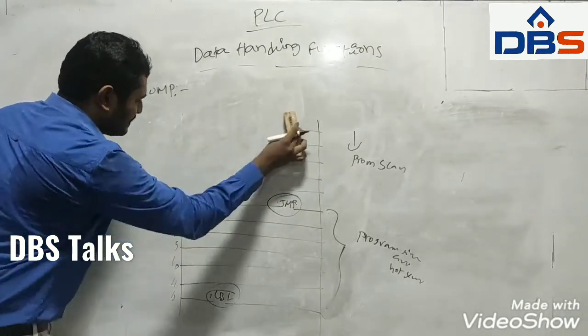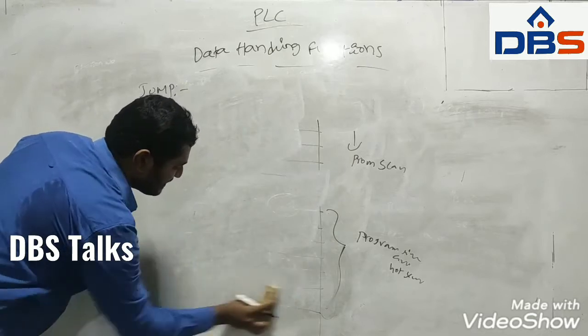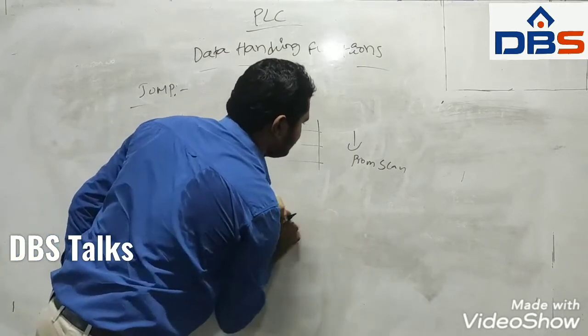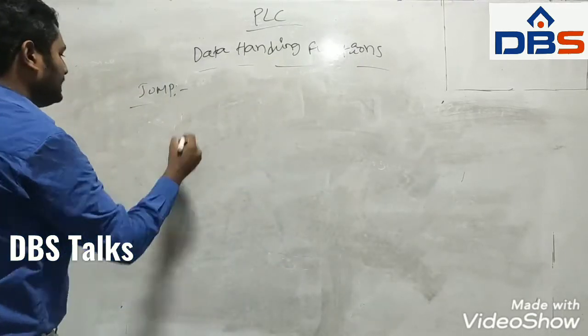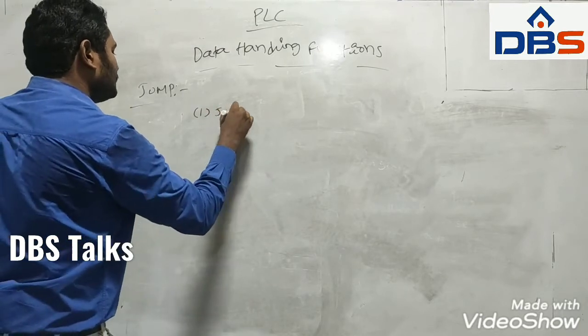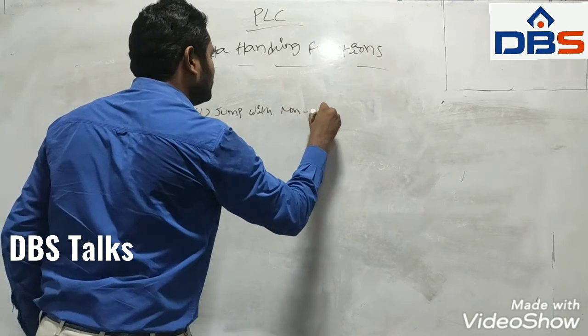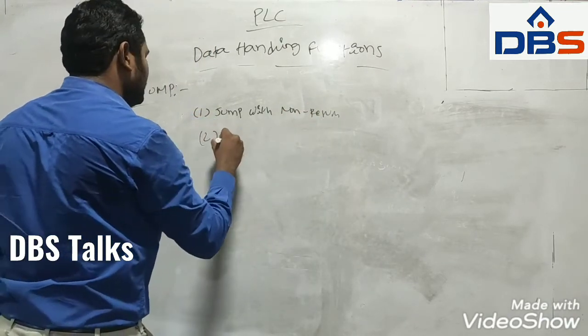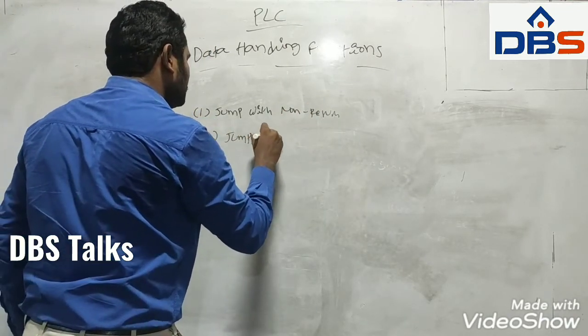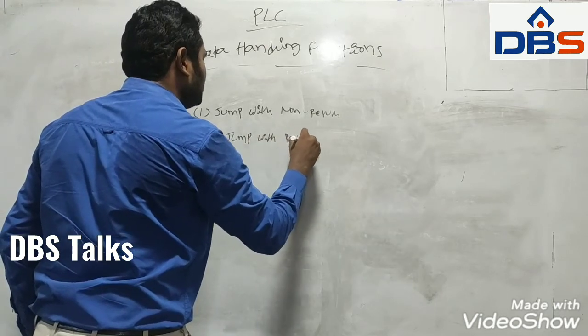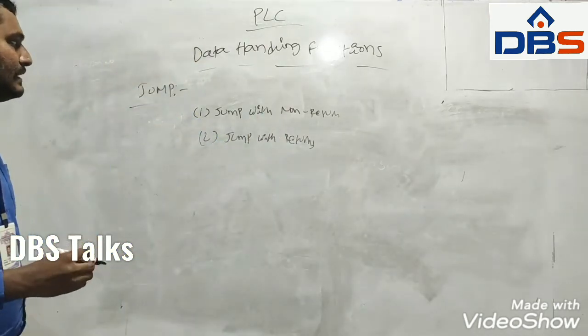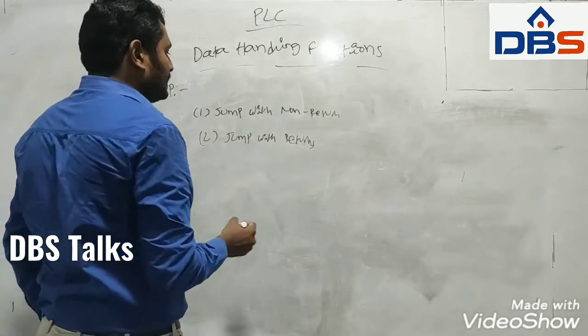Here we have two types of jump functions, that is jump with non-return and jump with return functions. These are the two types of jump functions in the PLC.